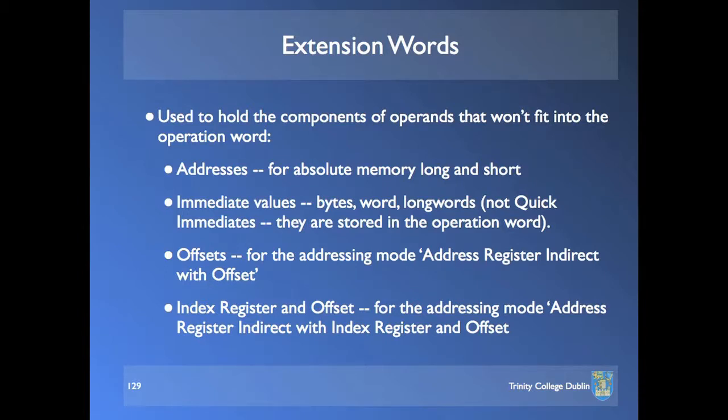So you might say: move the word from -2 past A0 to B0, add the word 0 past A0, or just brackets A0 on its own, to B0, and add the word from +2 past A0 into B0. That would be convenient to do using address register indirect with 16-bit offset.